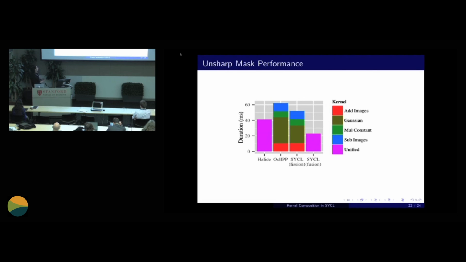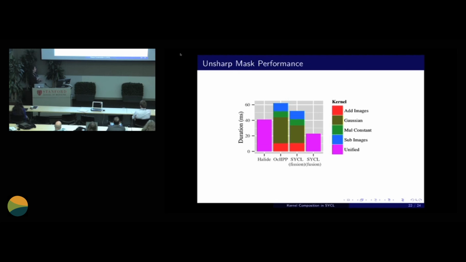If we move on to the fused expression, and we look at OpenCL IPP as our base case, to implement the Gaussian we need 4 kernels. We've got the cumulative amount of time. If we do the same thing with SYCL as individual component primitives, the performance would be the same as OpenCL IPP, except for that faster Gaussian where we just got lucky with the optimization.